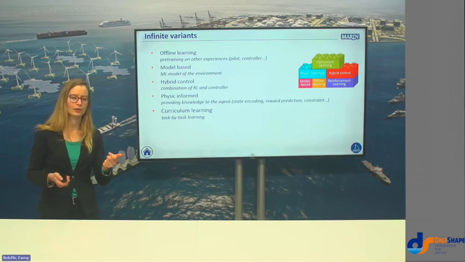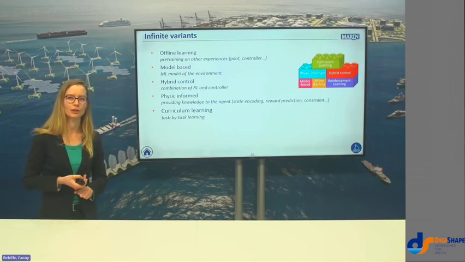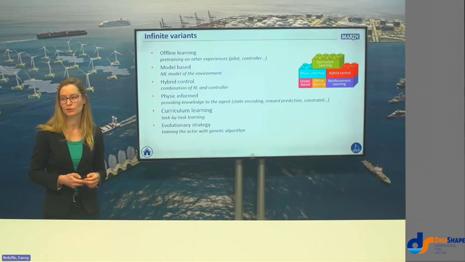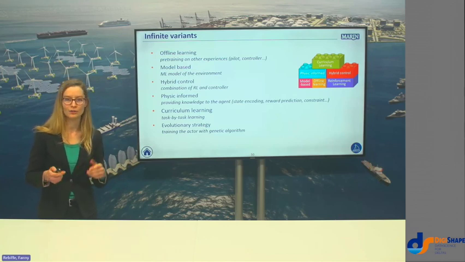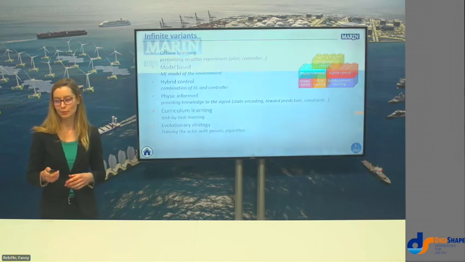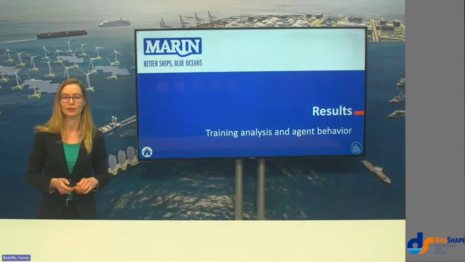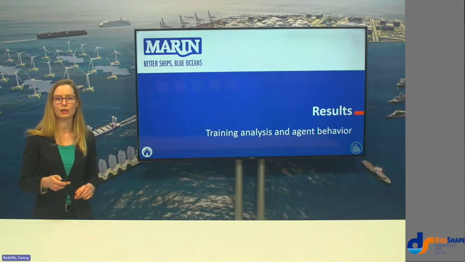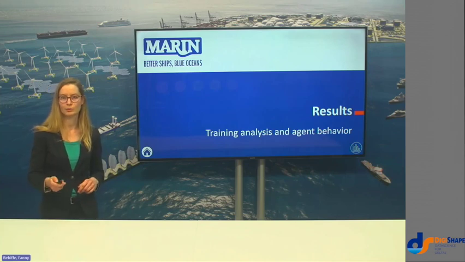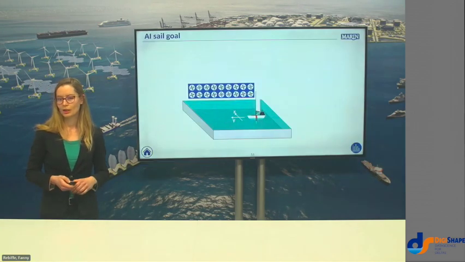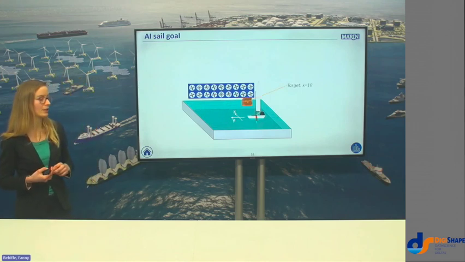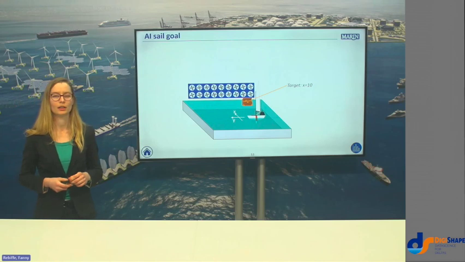There is another variant that is not called reinforcement learning anymore, but is also quite close, called evolutionary strategy. At Marin, we are studying those variants as well, but it's not what we used for AI Sail. Now let's have a look at the results and our setting for this experiment. As a reminder, our target is reaching the opposite side of the basin while sailing upwind.